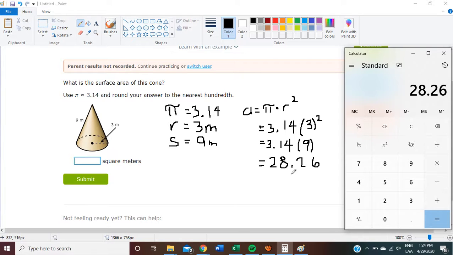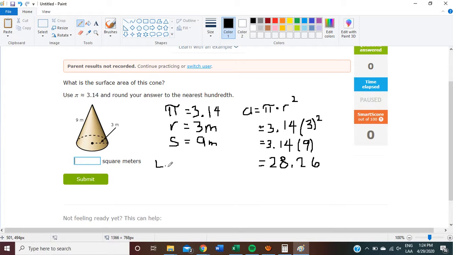Now this is not the final result. Remember, this is only the area of the base, of the circle. Now we need the area of the rest of the cone. So in order to do that, we need to multiply, let's say lateral area equals pi times radius times this other value right here.